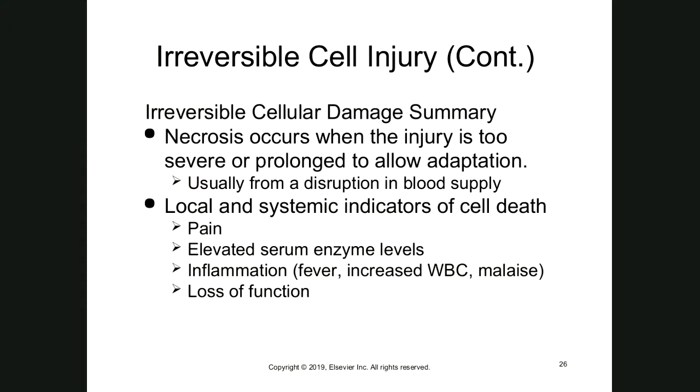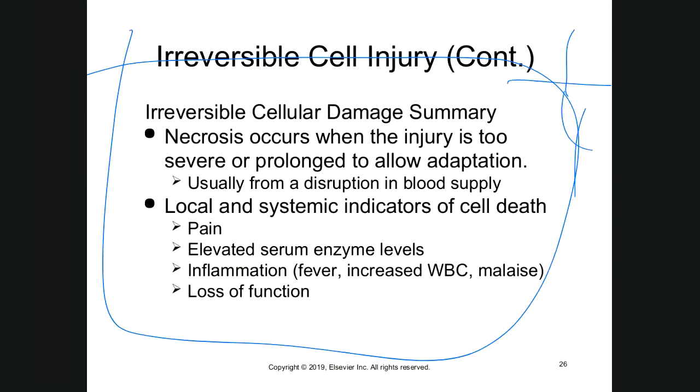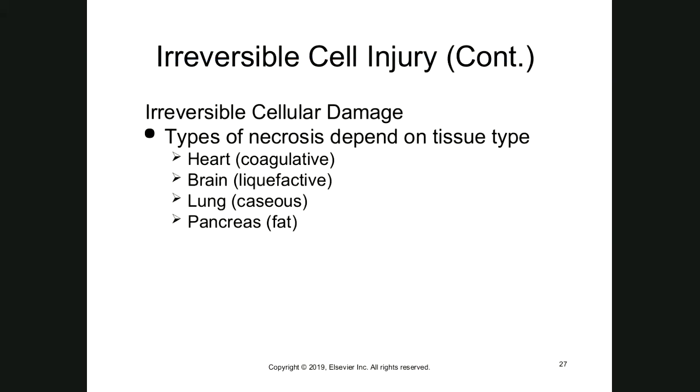The next one, you will see it in one particular test, one of four. I did this one a little bit different to switch between you guys. It's a multiple choice, and there is a true or false in the other. Now, irreversible cellular damage, the type of necrosis depending on the tissue, you see over here.